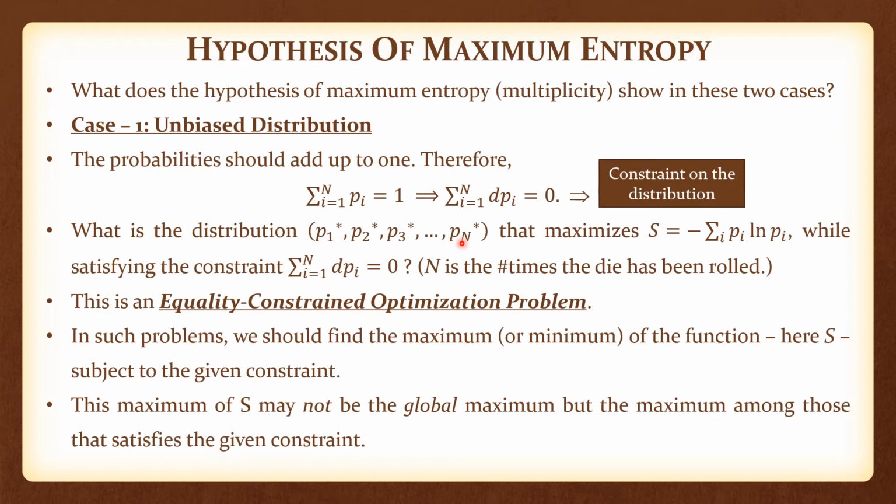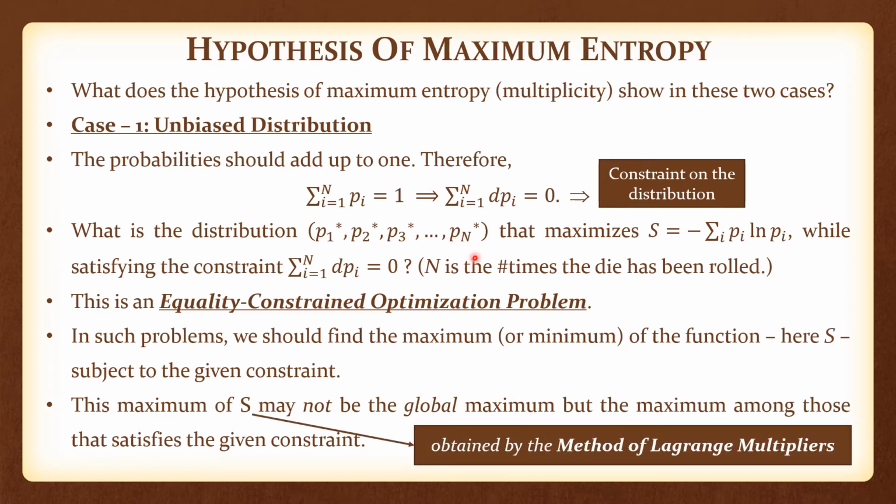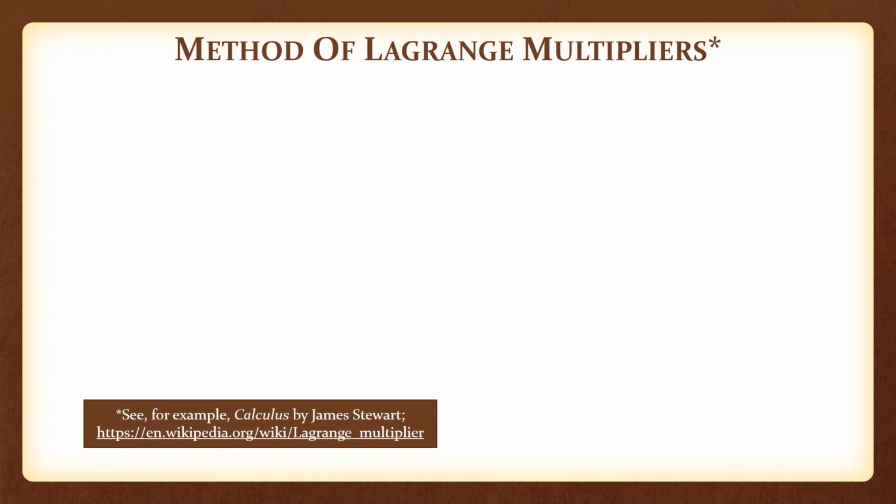The mathematical approach that can help us answer this question is the method of Lagrange multipliers. Any good calculus book talks about Lagrange multipliers, and of course you can also consult the Wikipedia page on Lagrange multipliers.